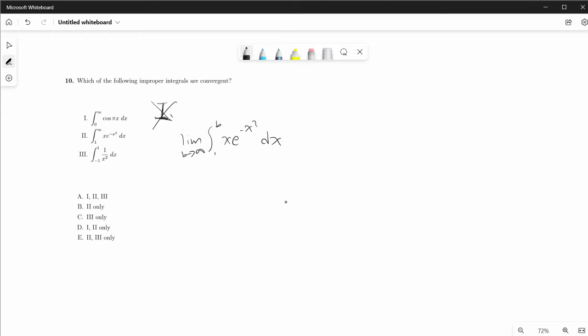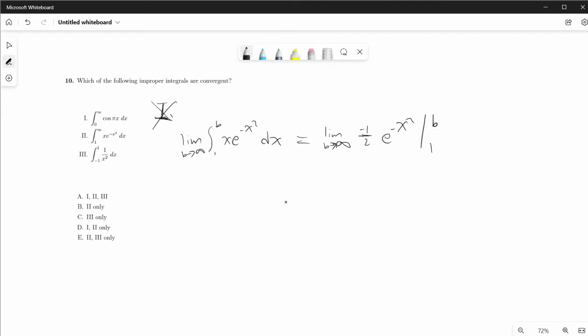Then we have the limit as b goes to infinity of negative half times e to the negative x squared, from 1 to b.